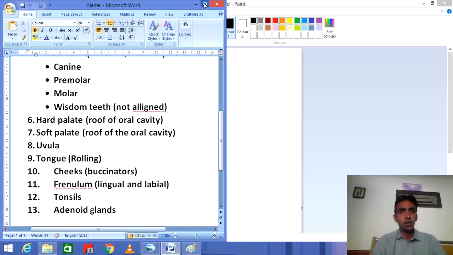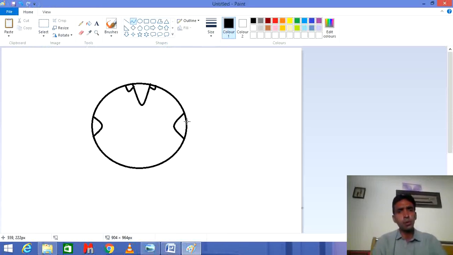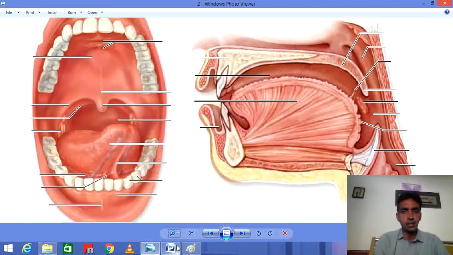Both the tonsils and adenoid glands are actually lymphatic nodules. These are lymphatic glands, which are responsible for scanning lymph, which is a type of serum. On the lateral side of this opening the tonsils are present, and on the upper side adjacent to the uvula, this one and this one, are called adenoid glands.